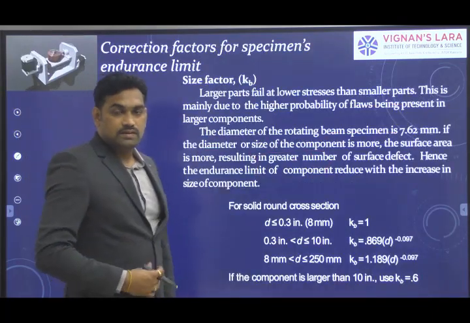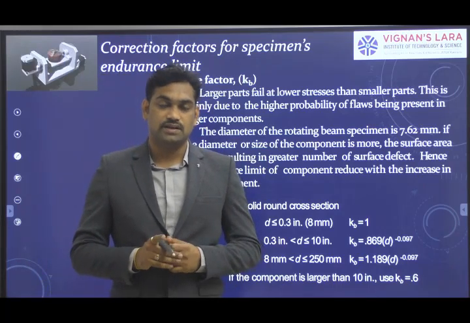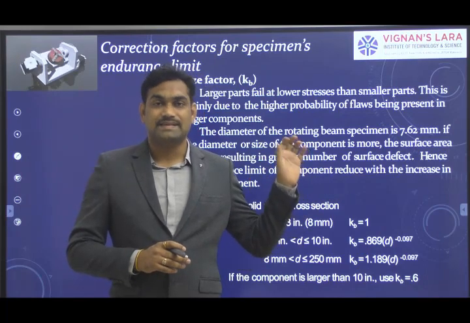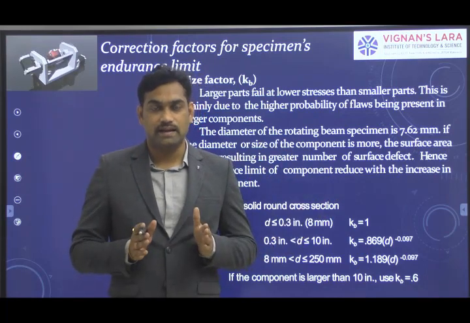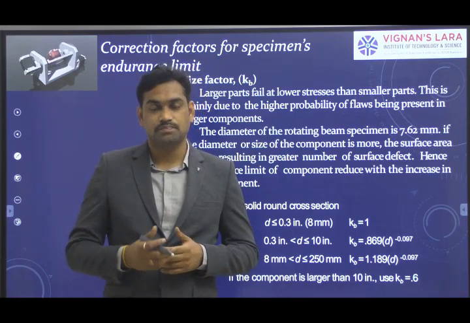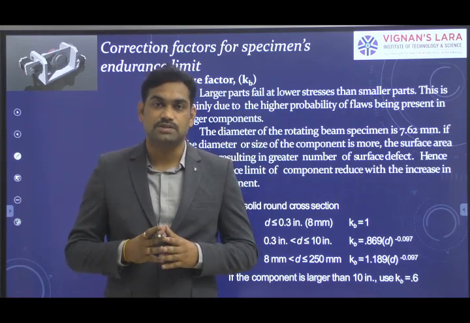And coming to the second one, size factor. Coming to the size factor, the standard specimen is prepared with the standard sizes of 85 mm length, 7.5 mm diameter and 250 mm radius for the curve we can provide. So that is the standard dimensions for the test specimen.